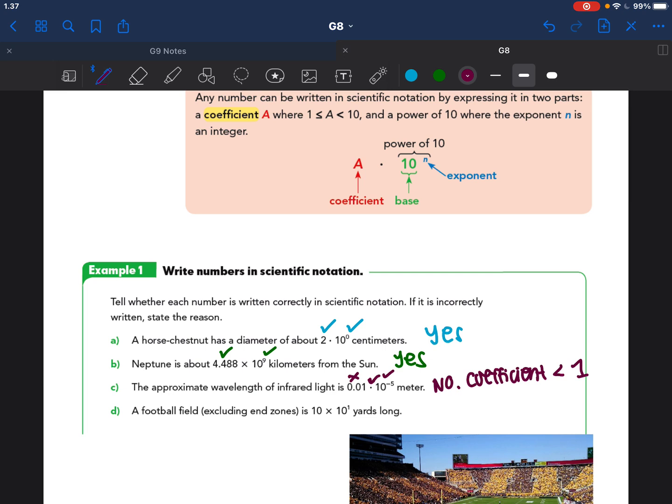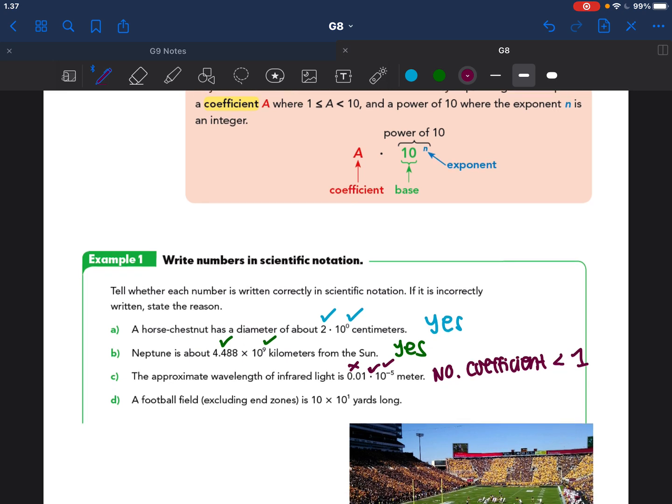Alright, for D here, it says a football field excluding end zones is 10 times 10 to the power of 1 yards long. Okay, and right away you can already tell the coefficient this time is greater than or equal to 10, because it says it has to be 1 or anything above 1 but below 10.